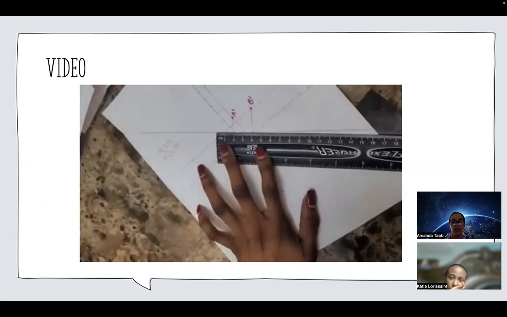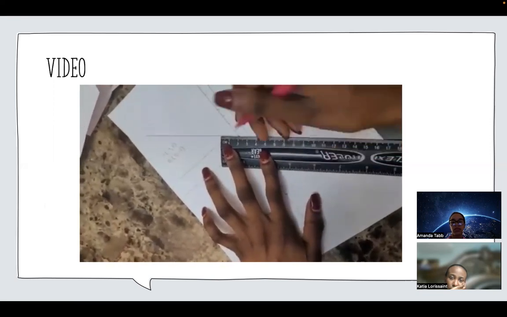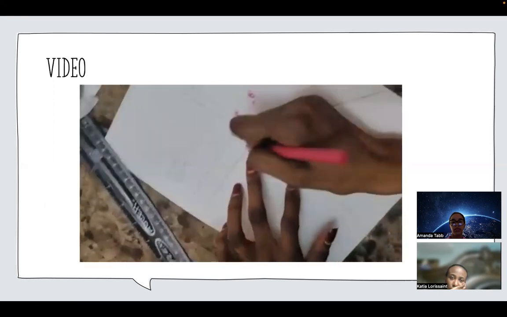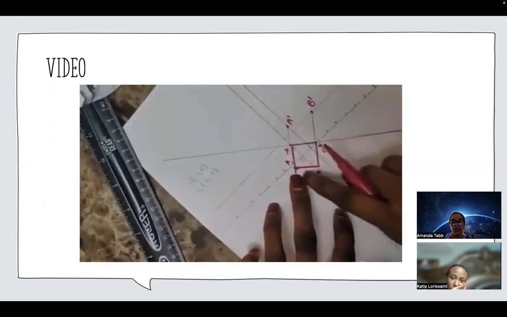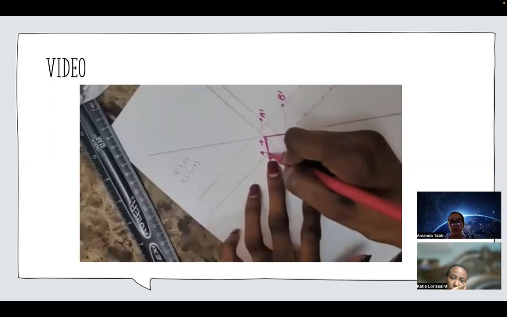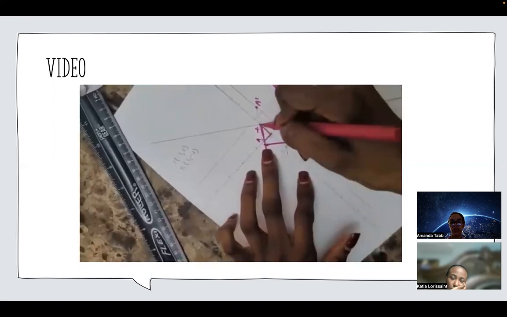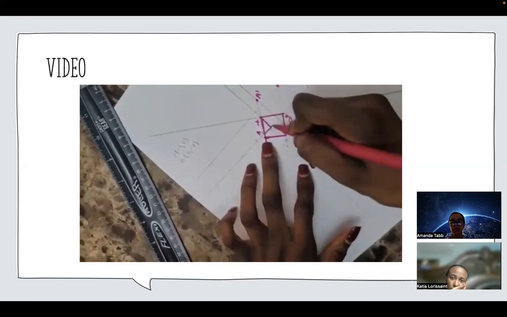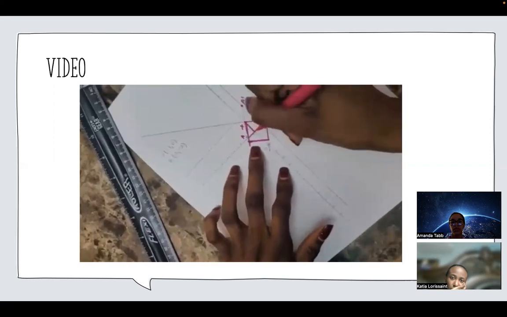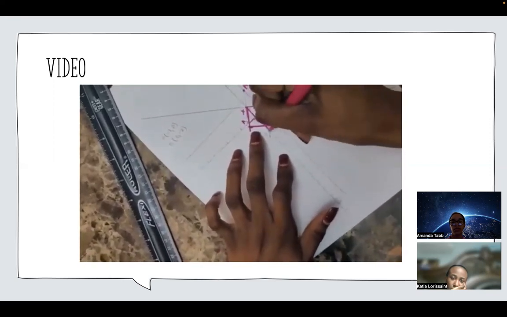Now, from this, you will notice 3 special right triangles are created. Don't forget, this is A. It kind of went over the line there. But if you trace this, you will see we have a special right triangle right there. Another right triangle right here.